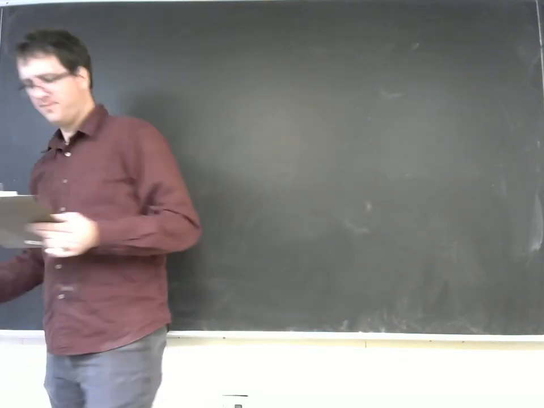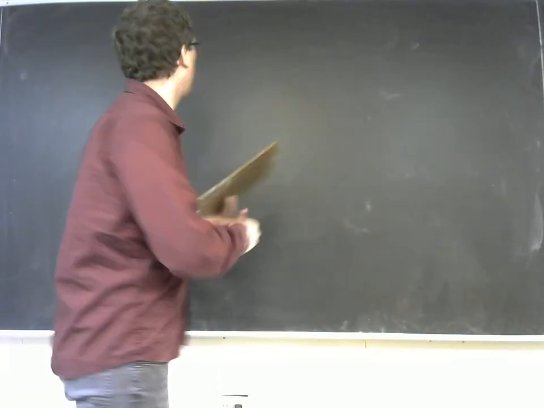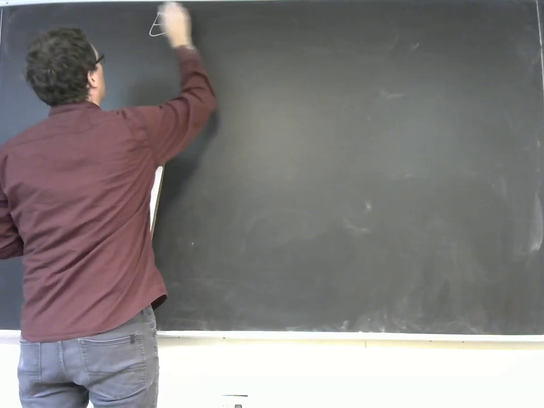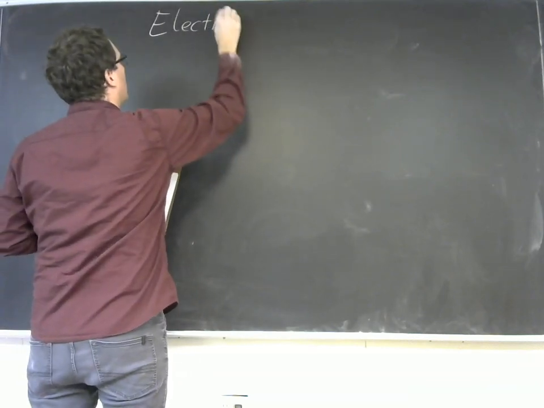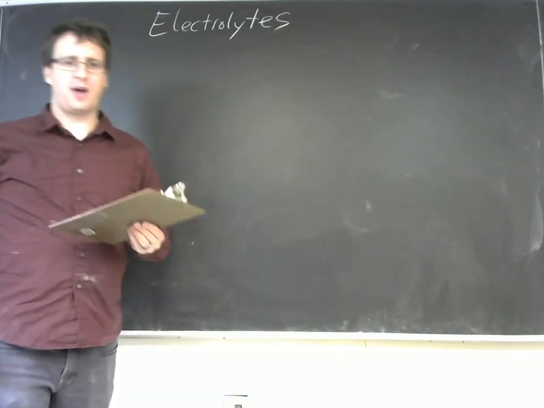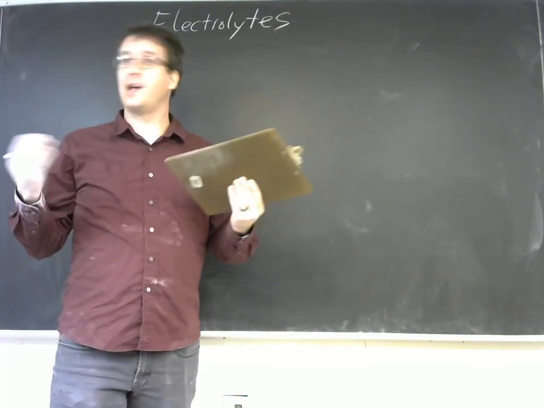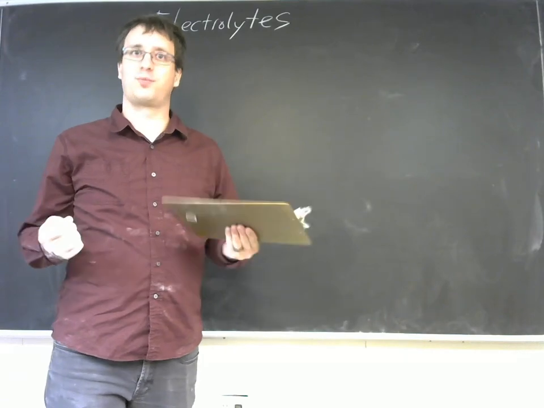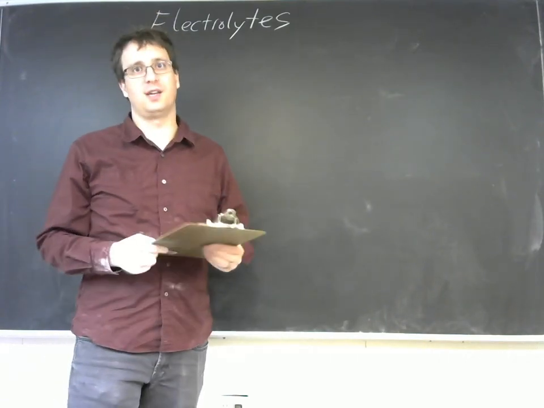Okay, so next we want to talk about electrolytes. So an electrolyte is a substance which, when dissolved, produces ions in solution.